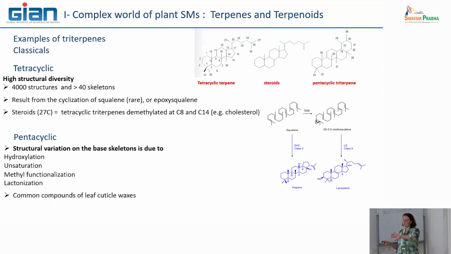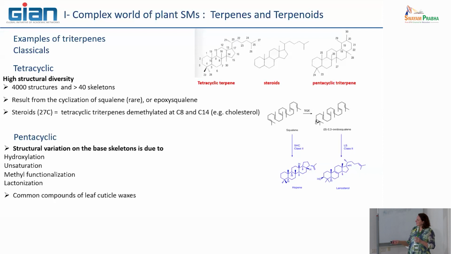Squalene, for example, can also be cyclized into epoxy squalene that can have lots of properties, very important properties in cosmetic formulation, for example. Steroids, I say to you, are very important, like cholesterol. And you see, depending on the degree of cyclization, tetracyclic or pentacyclic, which is 5, you may have some complexity of this molecule.